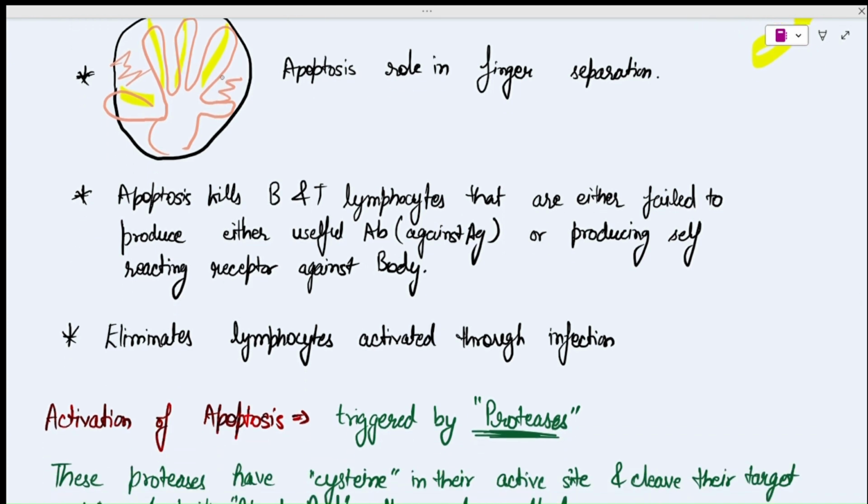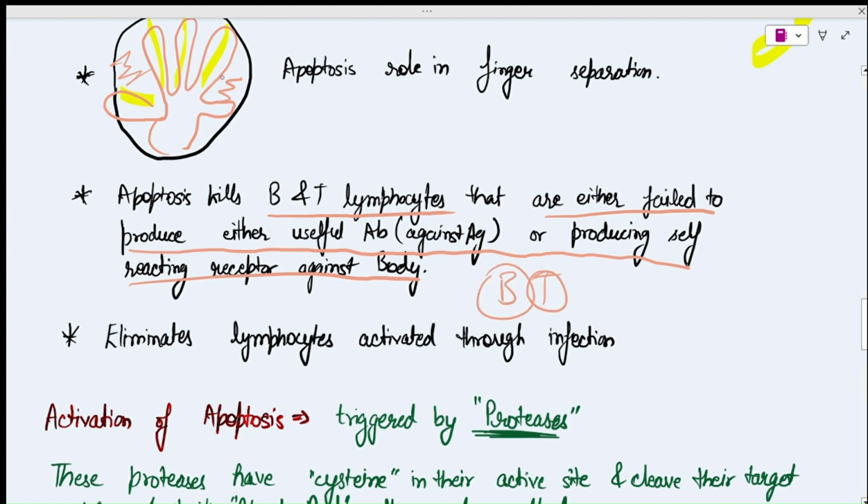And apoptosis kills B and T lymphocytes that either fail to produce useful antibodies or produce self-reacting receptors against the body. Right? So basically, B and T cells are used for defense, memory, cytotoxicity, etc. When they fail to produce a useful antibody against the antigen, like this is our antigen, and they produce an antibody which is not attaching to the antigen, then these B and T cells will be cleaved.